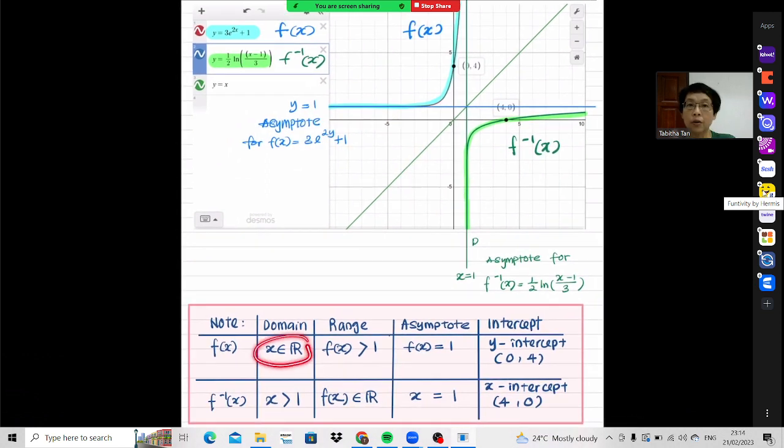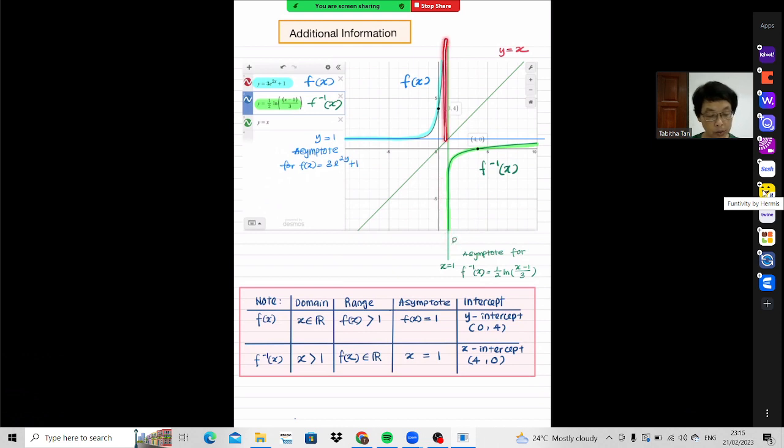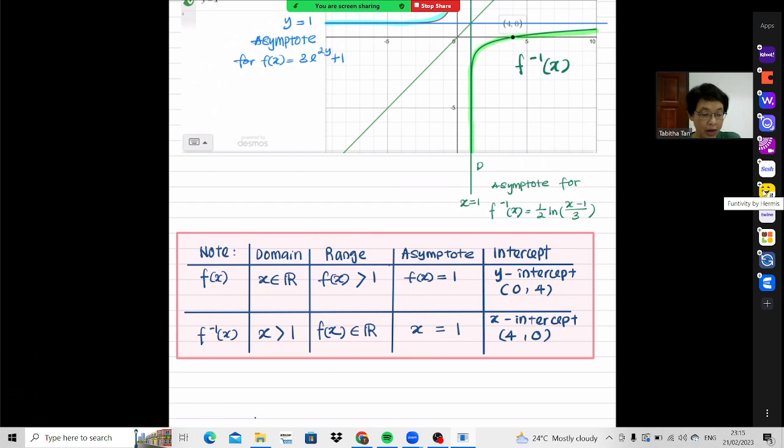The domain of the function has now become the range of the inverse. If you look at this graph, the range can go all the way to negative y and also all the way to positive y, which gives us all real values. So I have summarized these four interesting facts on how a function and its inverse interrelate with one another.